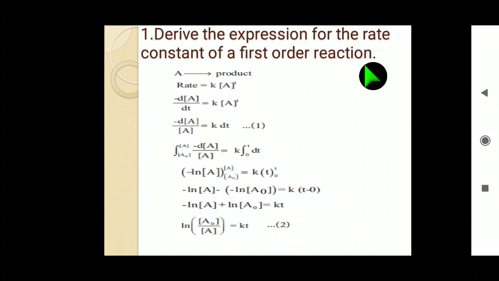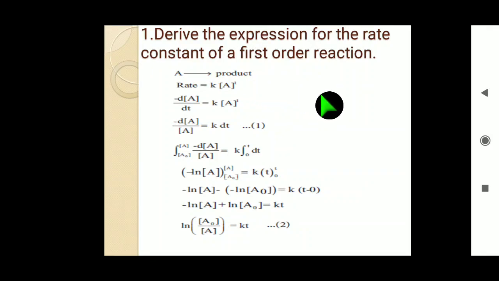The first order reaction is nothing but only one reactant gives the product. So already we have discussed in the last classes. Okay. So first order reaction, only one reactant gives a product.